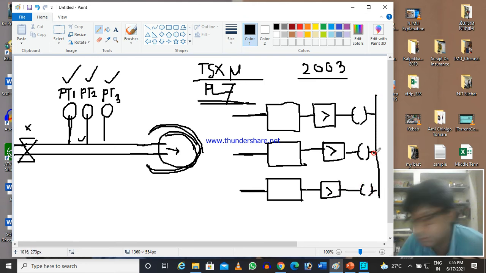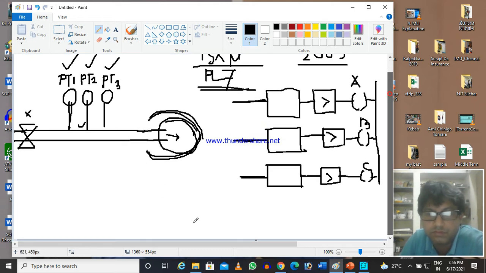Give them the names A, B and C. Once any two of these 3 coils are actuated, the solenoid should be cut off.